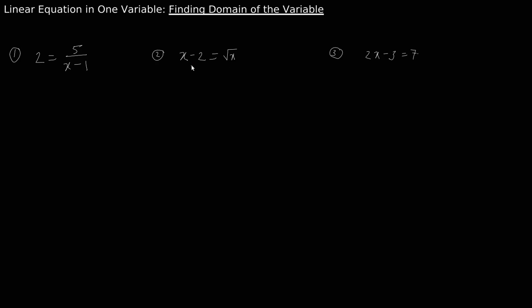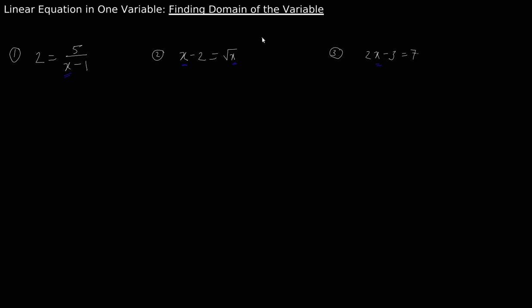Now if you notice, all the equation actually have only one variable. So you see for this equation I have only one variable x, and also in the second equation and the third equation I have only one variable x. So all the 3 examples have only one variable, and those are all linear equation.